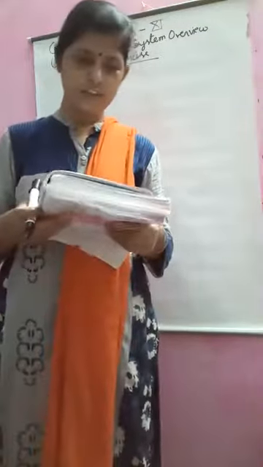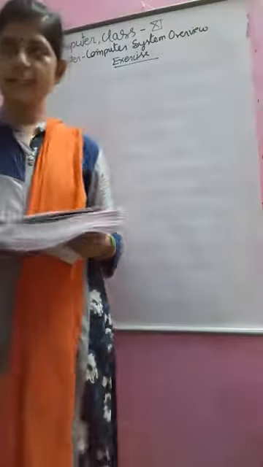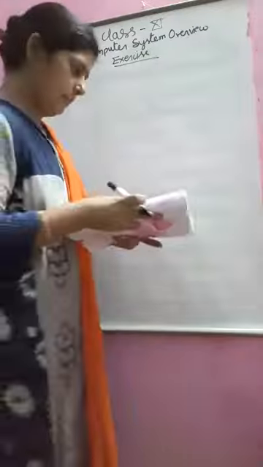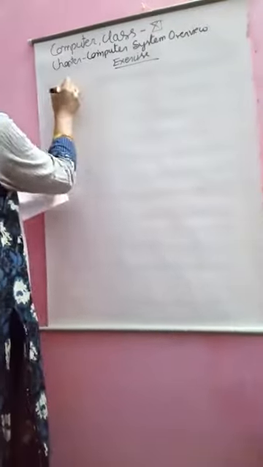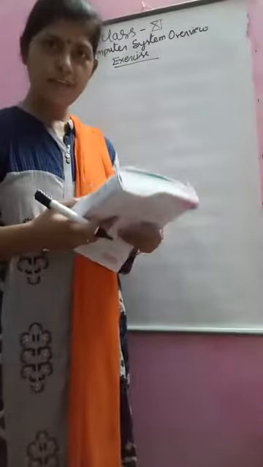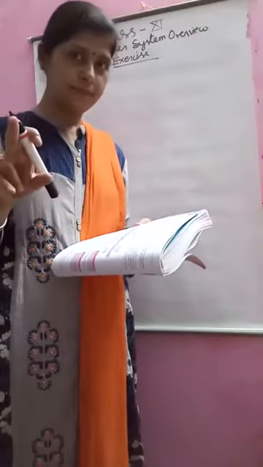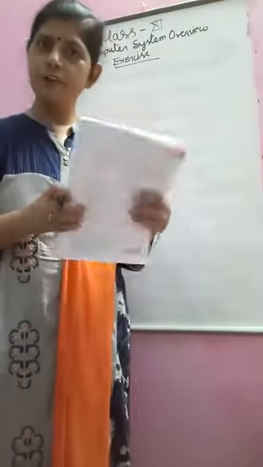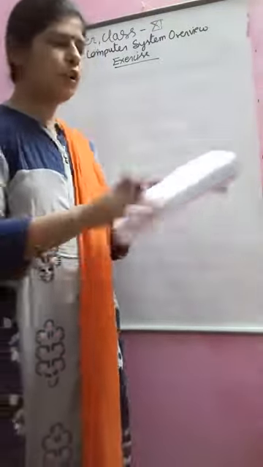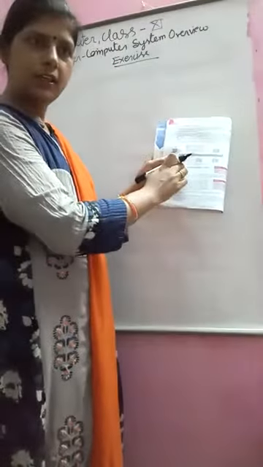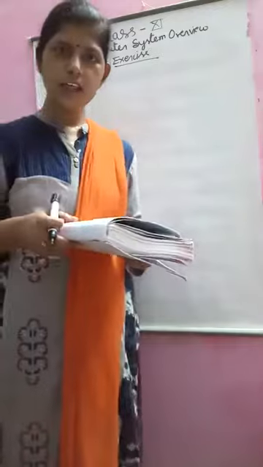Now the first question. Briefly explain the basic architecture of the computer. The answer is in the question number 1. If you have the book, then okay. If you don't have the book, you have the PDF, which I provided you, a complete PDF of this chapter. So this figure, basic architecture of the computer.